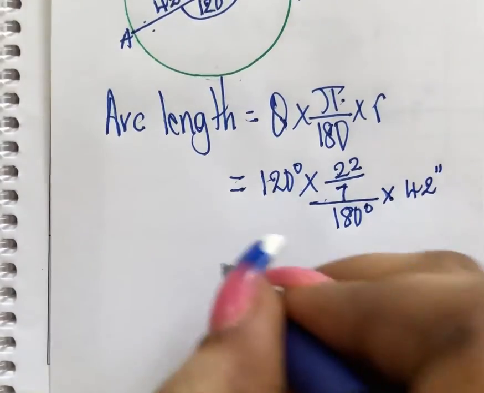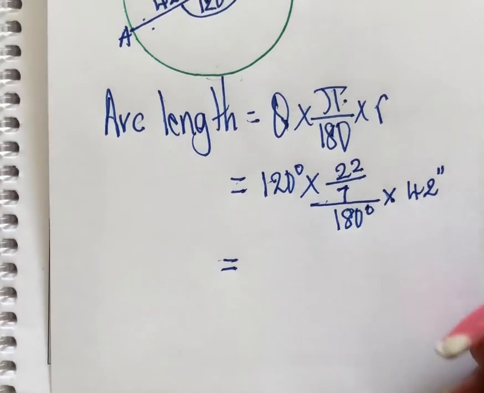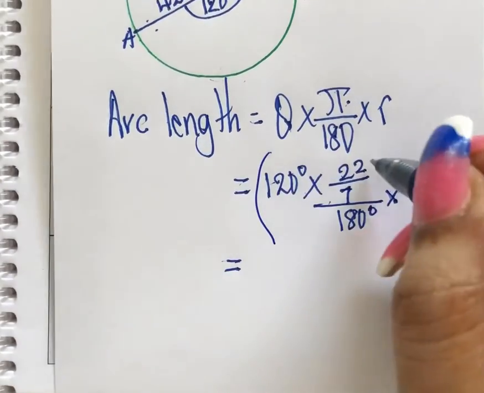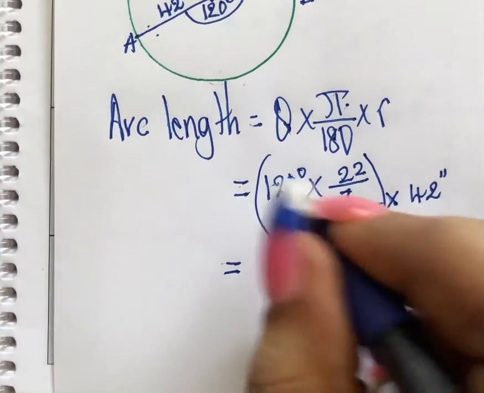All right? So once you substitute, your next step will be to simplify. And you can simplify using any method. We can simplify this part first by dividing out.